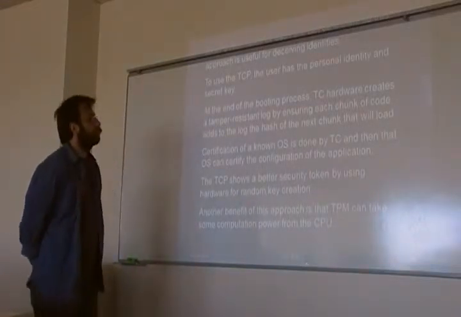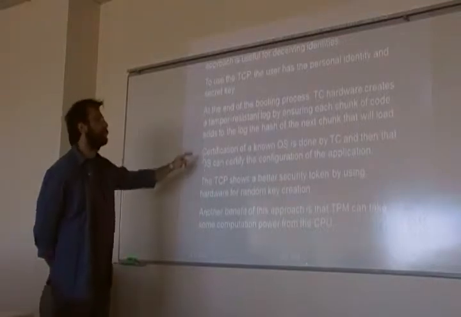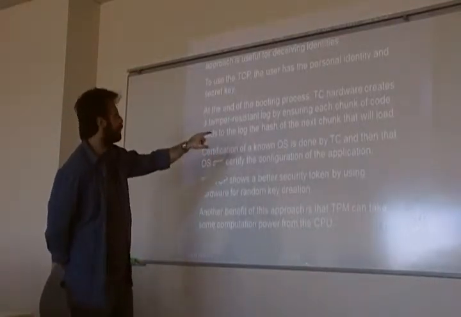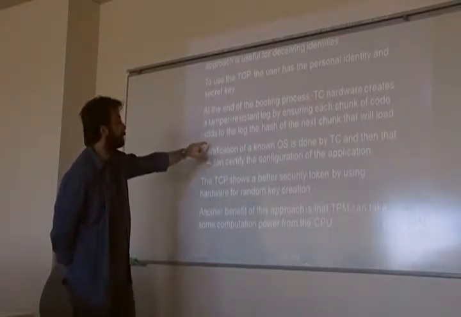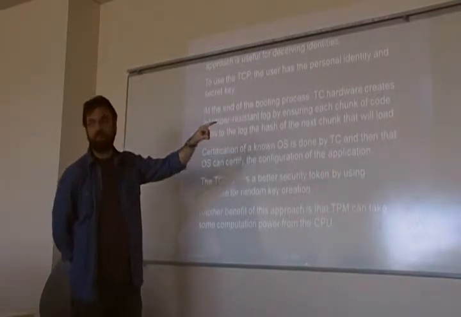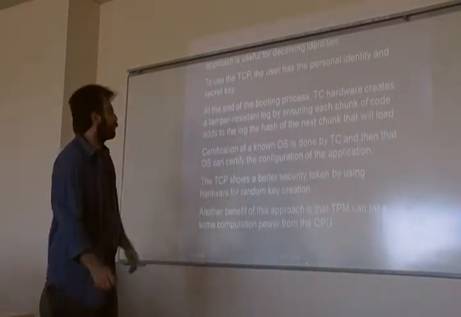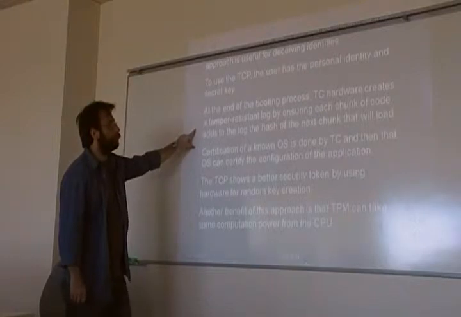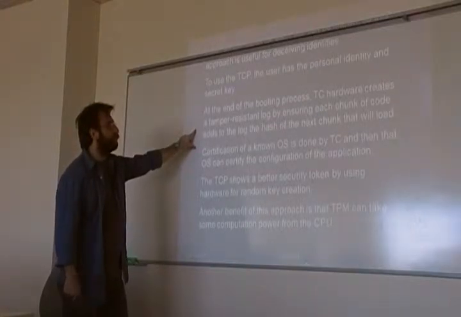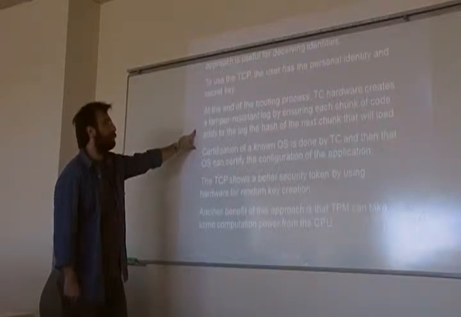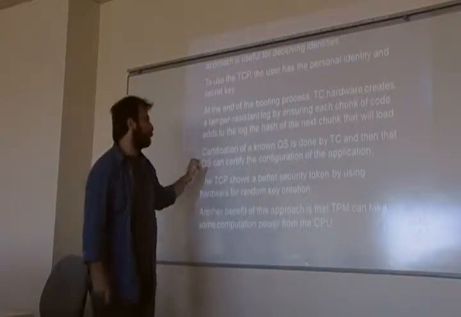At the end of the booting process, TCP creates a tamper-resistant lock by ensuring each chunk of code adds to the lock the hash of the next chunk that will boot. So it's a much more resistant one. Certification of an OS is done by TC, and that's important.